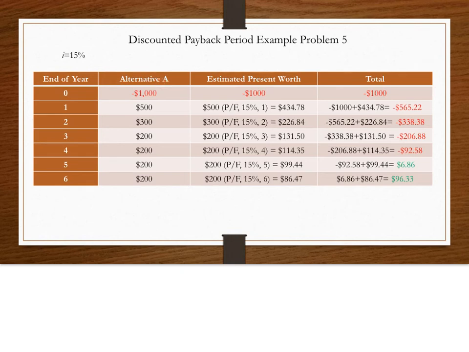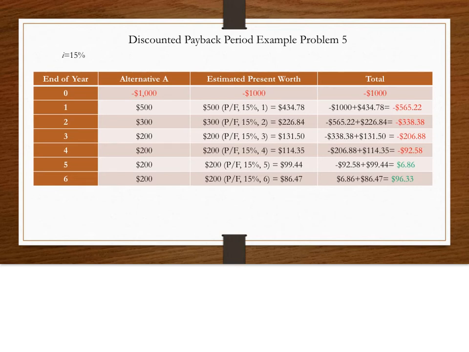We make $500 at the end of year 1, but we discount it at 15% and convert it to a value of $434.78 in today's dollars.